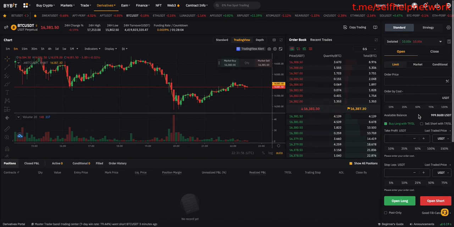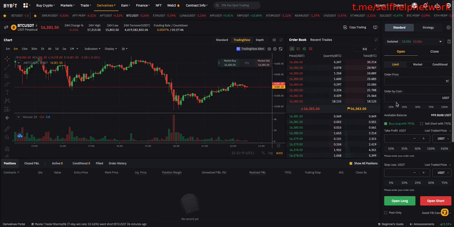But you want to risk 2% of your portfolio on a trade, which would be $400. Okay? 20,000 total portfolio size, you need to risk $400, 2%. And so you would use leverage to achieve that.